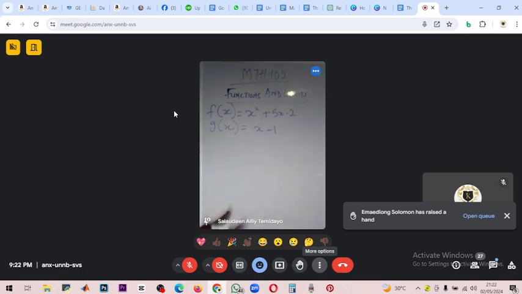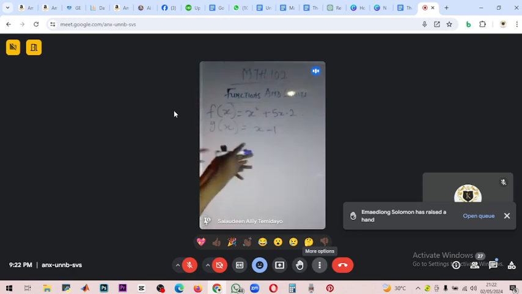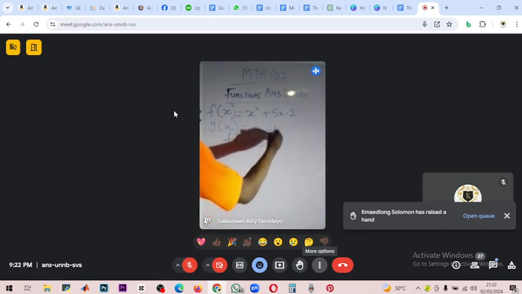Having f of x already, you are now having another function inside that f of x. That's f of g of x, f of h of x. That means one function inside another function. We call it composite function. And f of x equals this now. f of g of x is what we are looking for.